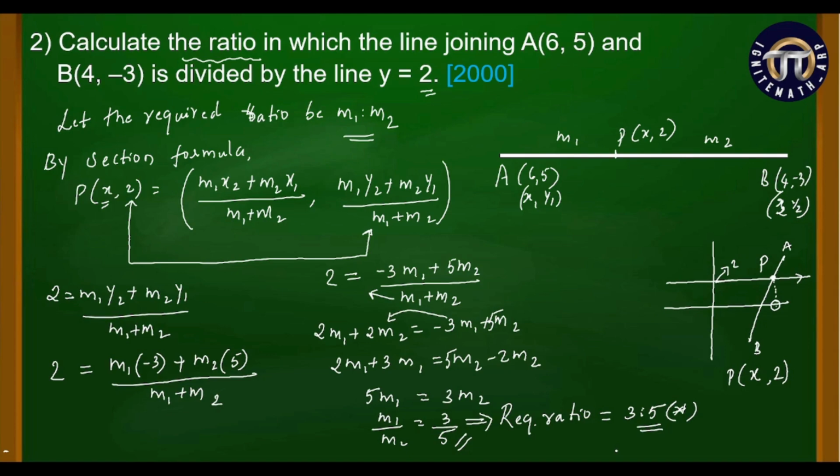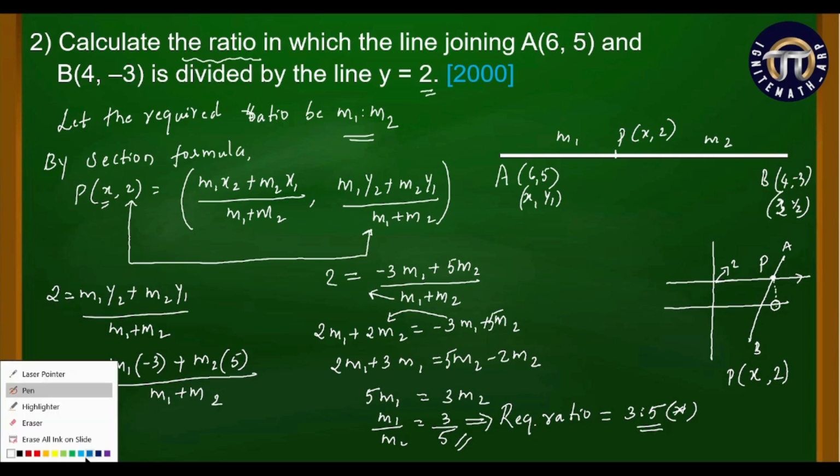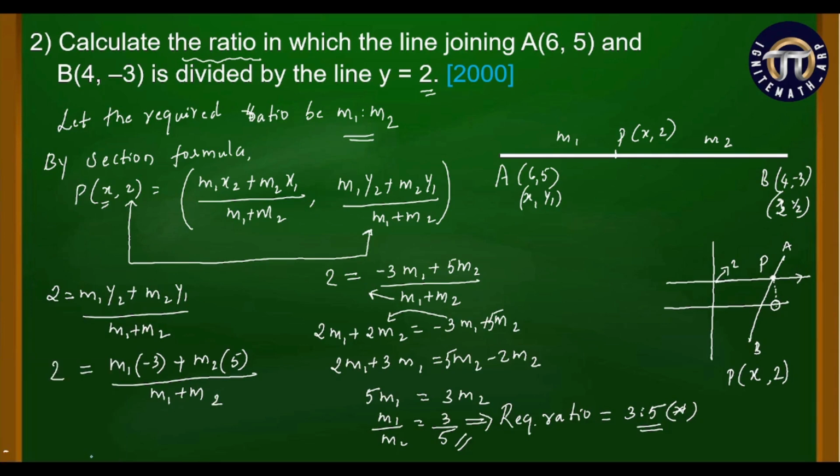So this question will definitely be a very important type of question. You need to understand how the marks are distributed over here, children. As I told you, identifying the coordinates of P as (x, 2) will give you 1 mark. Correct formula and correct substitution, taking y coordinates equal to each other, will give you 1 mark, and this step will give you 1 mark, and finding the ratio will give you 1 mark.